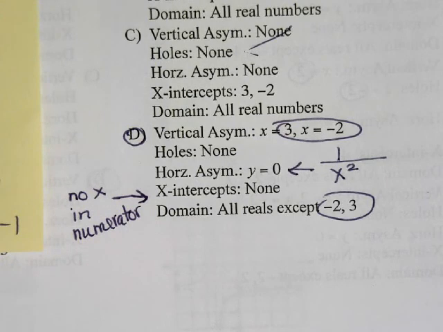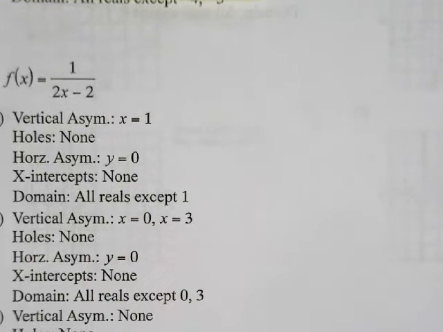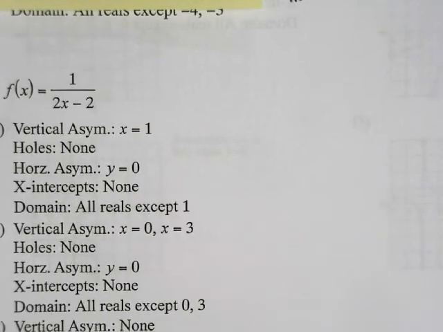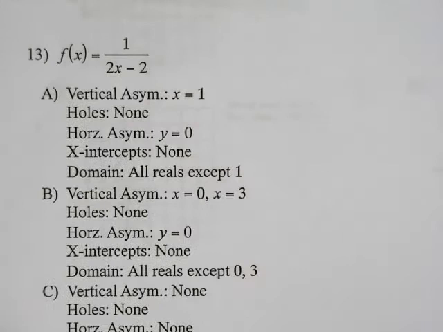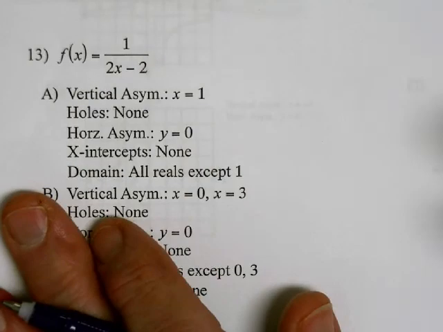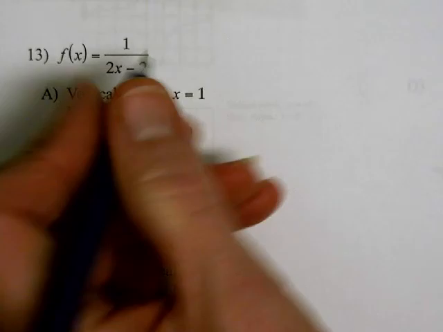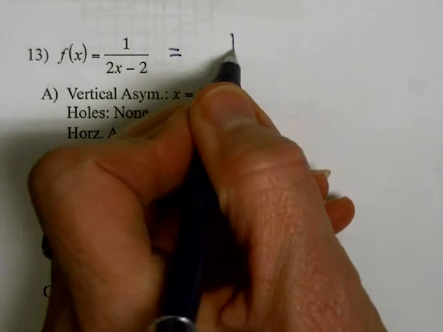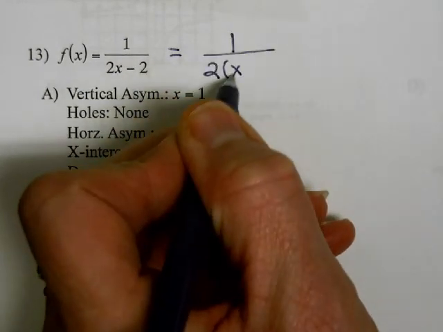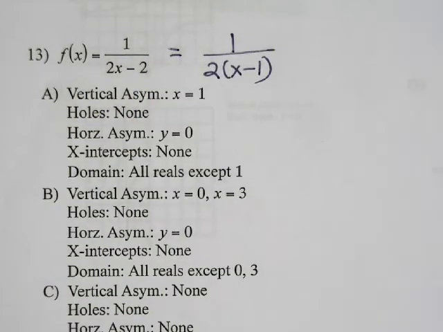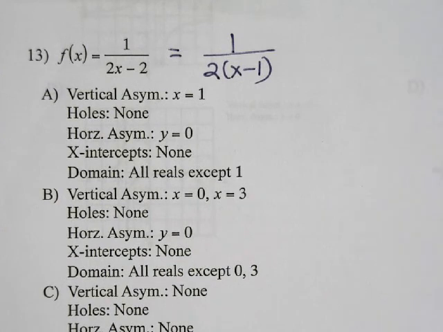So if you see where the horizontal asymptotes, the rules change depending on the powers. That's the hardest for me, anyway. Stop and think. I would rather just do. Okay, since this is a simple factoring, I'm just going to write it down: 1 over 2 times x minus 1.